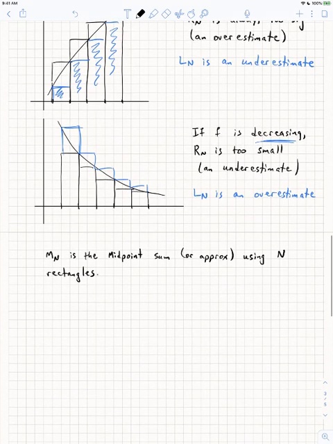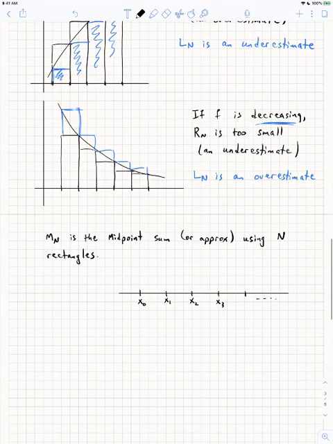In this case, you're looking at an interval like so, and of course you divide it x0, x1, x2, x3, and so on. And in this case, you want to choose the midpoint.